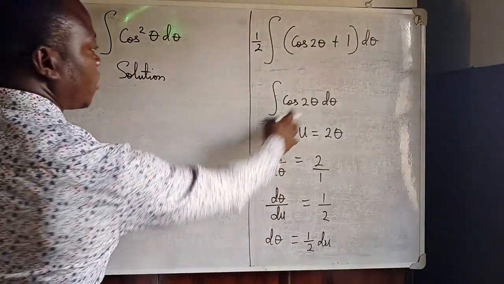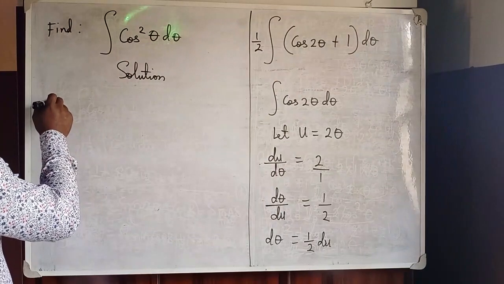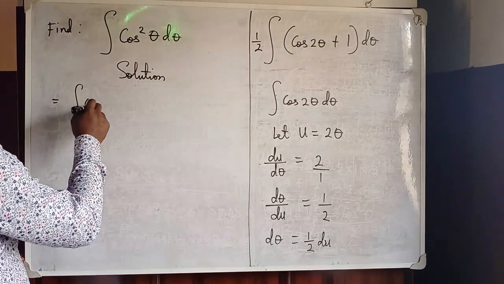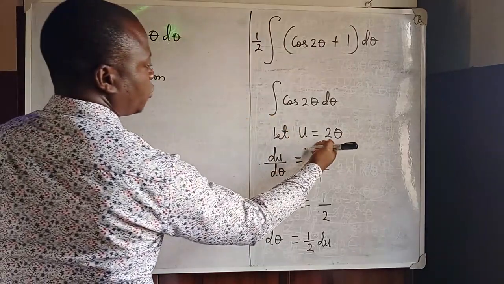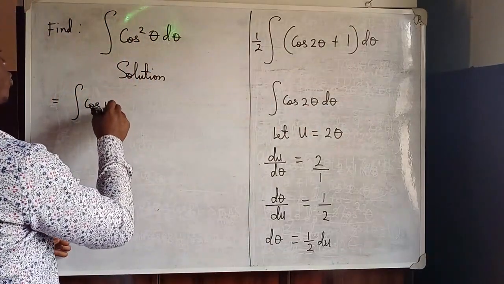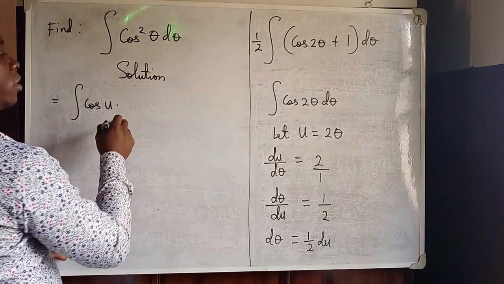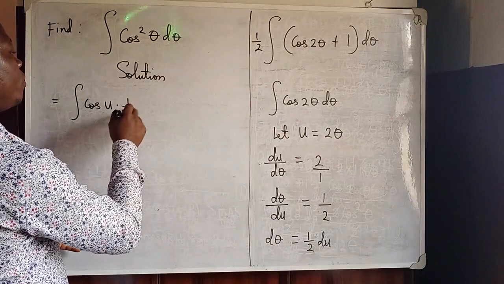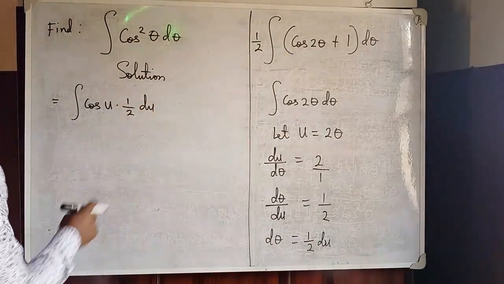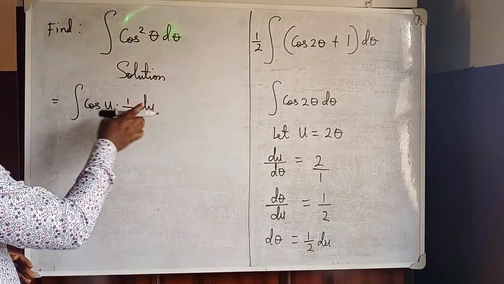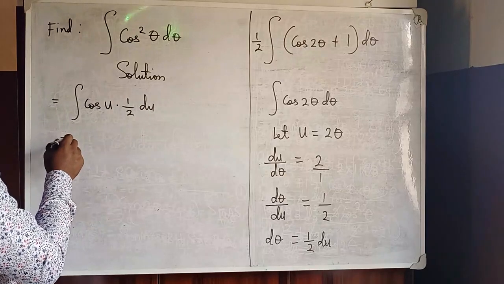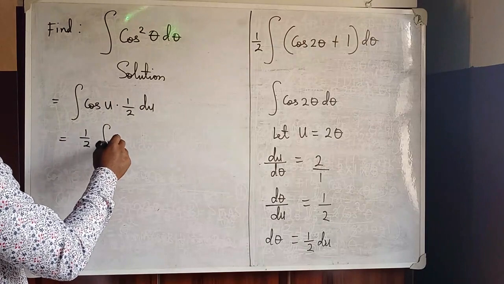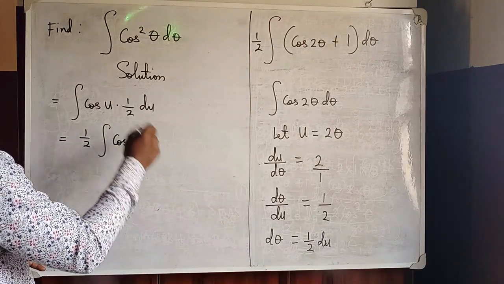Now, if I substitute that, that will give me the integral of cos, my 2 theta is now u, cos u, dot, and d theta is 1 over 2 du. So this constant will come to the back of the integral. That will be 1 over 2 the integral of cos u du.